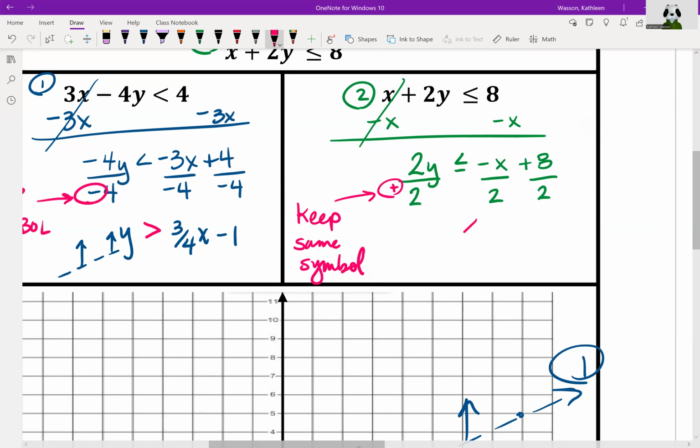So when I have it solved for y, I will still have less than or equal. This will be a solid line because I have less than or equal with a negative slope. And my solutions will be less than, that's under this line.